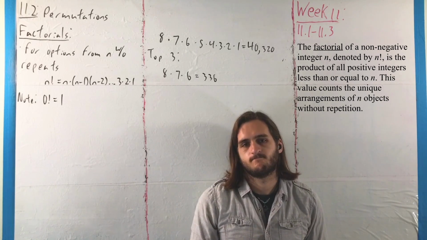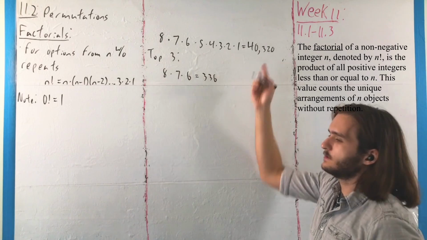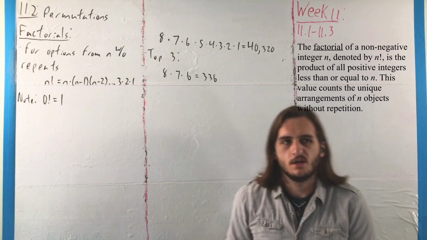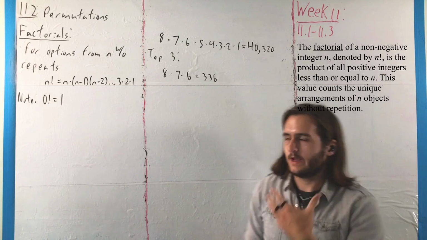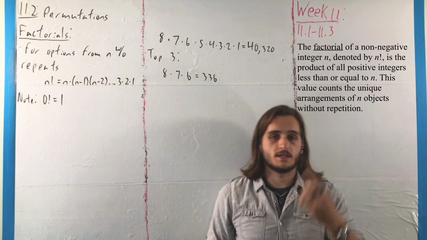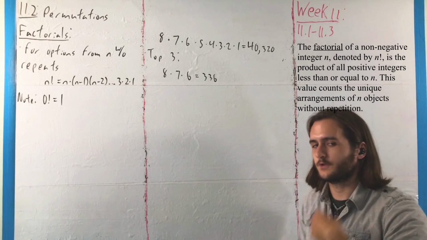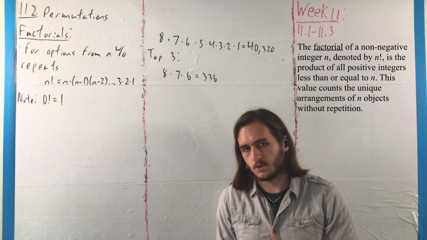But first thing we should notice here is that this kind of notation with all of the options written out, well, it's clunky. It's kind of long, it's kind of cumbersome. When I have that there with all 8 of those people, then all 7, then all 6, then all 5, then all 4, then all 3, then all 1, it took time just to write it out, much less actually compute it.